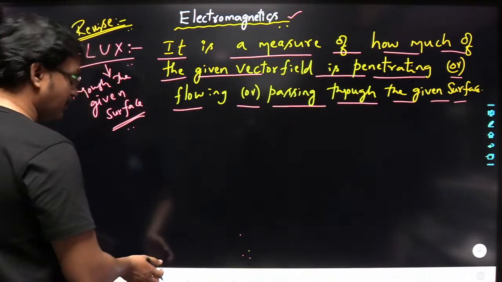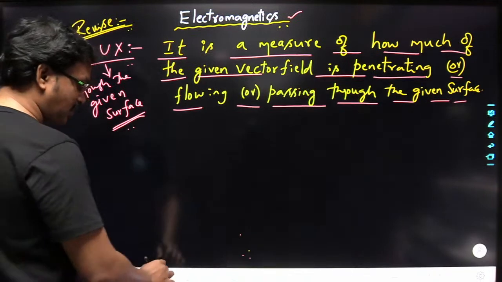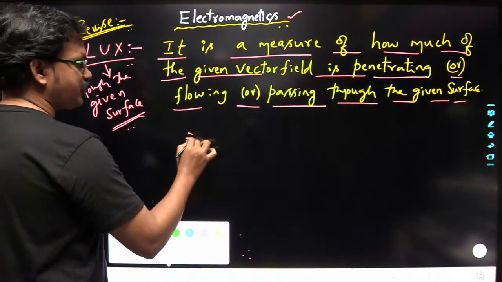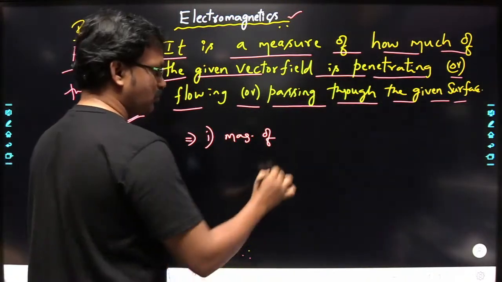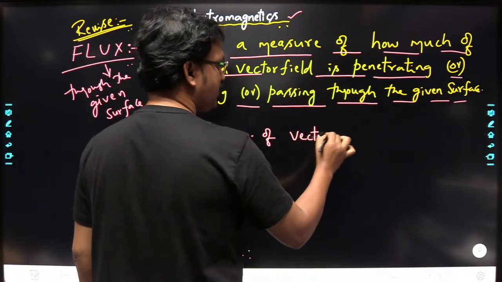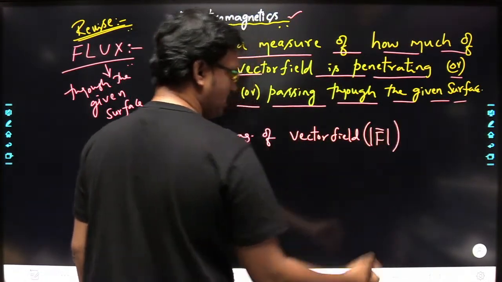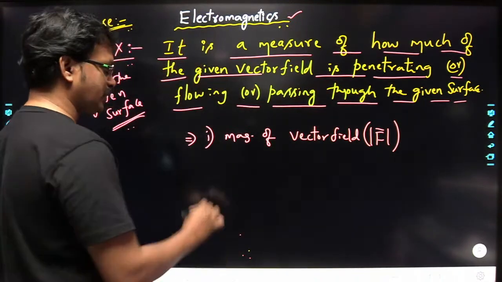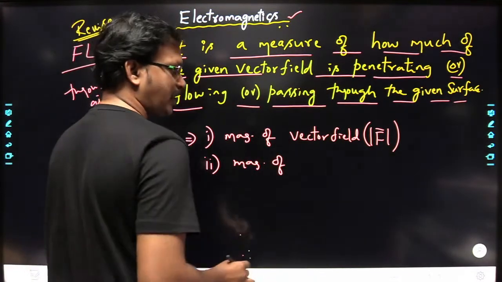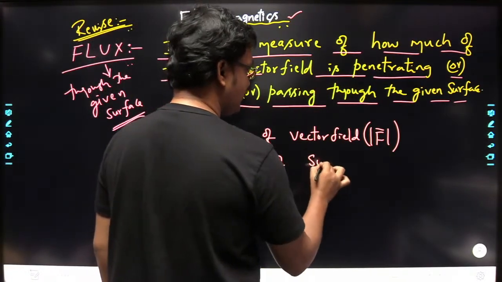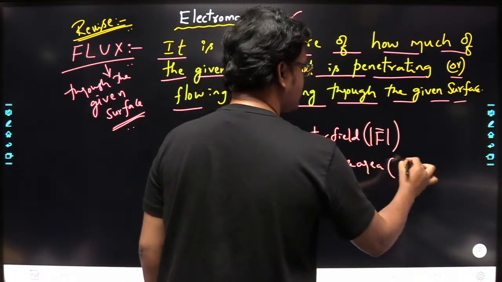We have seen that the flux through any given surface depends on the magnitude of the vector field, that is the magnitude of F bar, where F bar is the vector field. Second, it depends on the magnitude of the surface area, that is the magnitude of A bar.